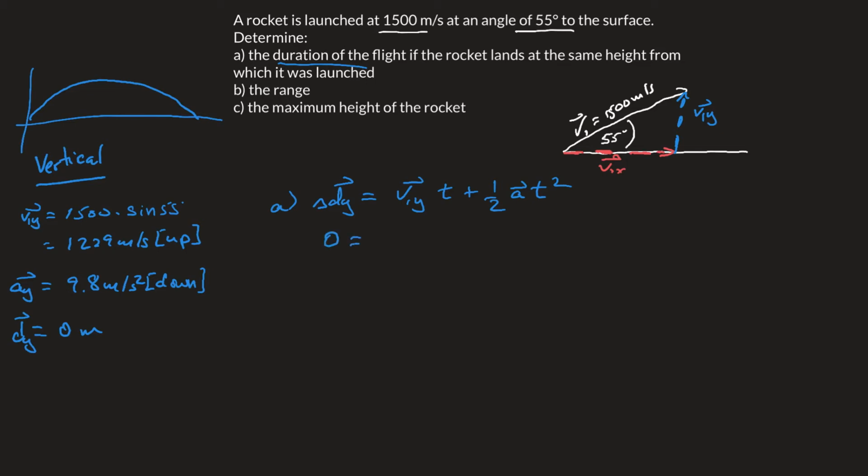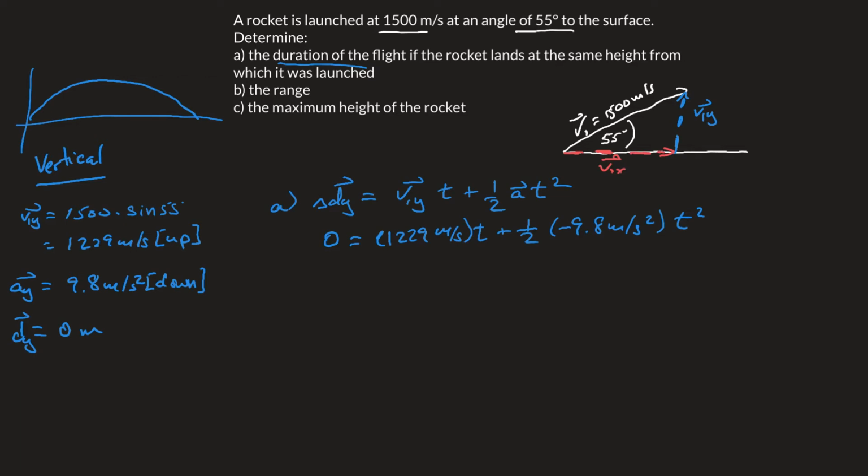This time we do have an initial velocity, 1,229 meters per second. We're going to leave time there because that's what we're solving for. 1/2 a, negative 9.8 meters per second squared, and then time squared. So you should be able to take a look at this and immediately acknowledge that there is some sort of quadratic here.